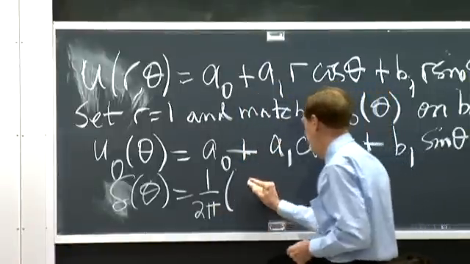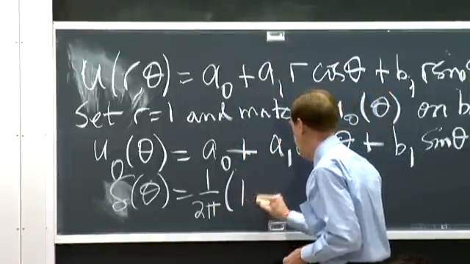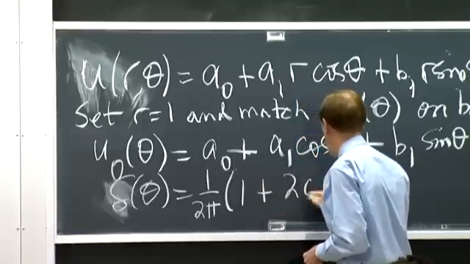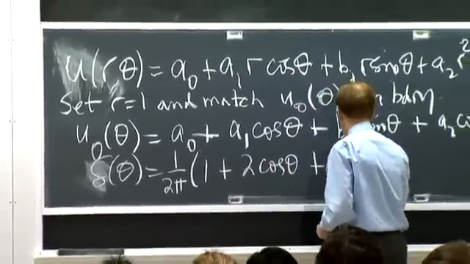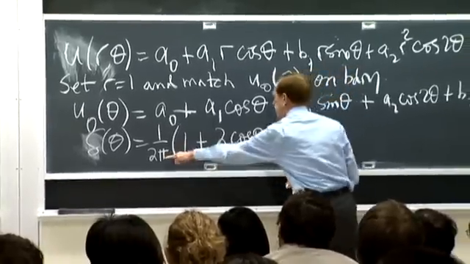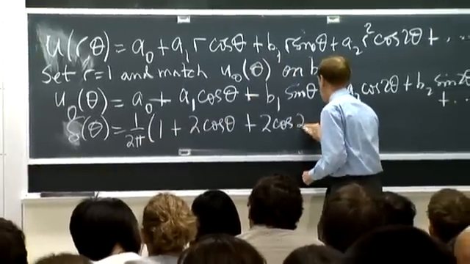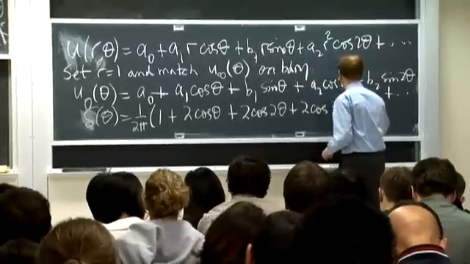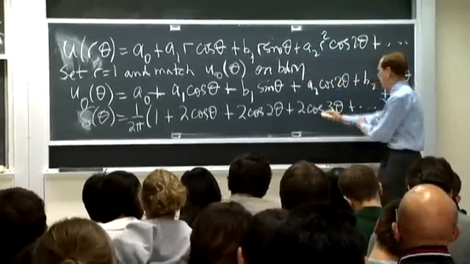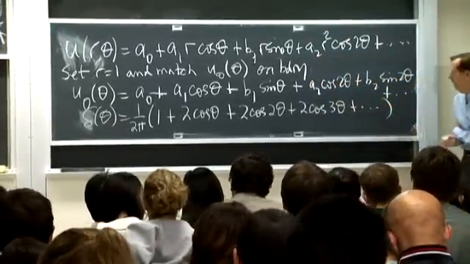Shoot, we'll get it exactly right. It's something like 1 and 2 cos theta and 2 cos 2 theta, and 2 cos 3 theta and so on. I'm not sure about the 2 pi. We'll know it well when we get there.